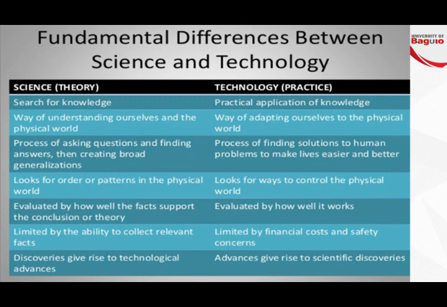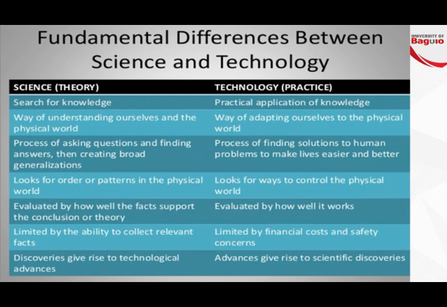Another one of the differences of science and technology: science is a way of understanding ourselves in the physical world. And for technology, it's a way of adapting. Yan. So if we understand what is happening in the physical world, in technology, we are adapting ourselves to the physical world. So understanding, and then for practice, we are adapting.